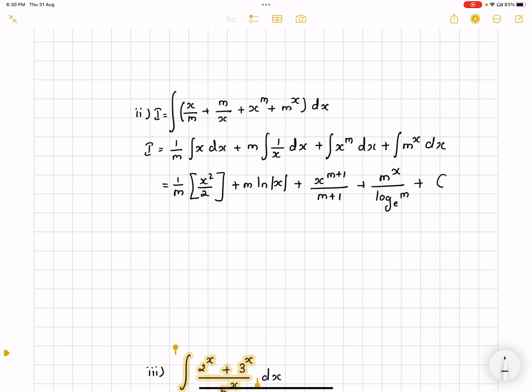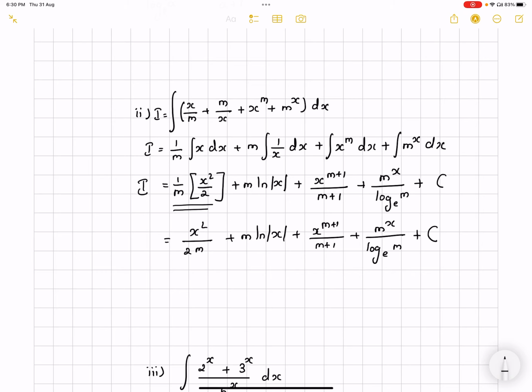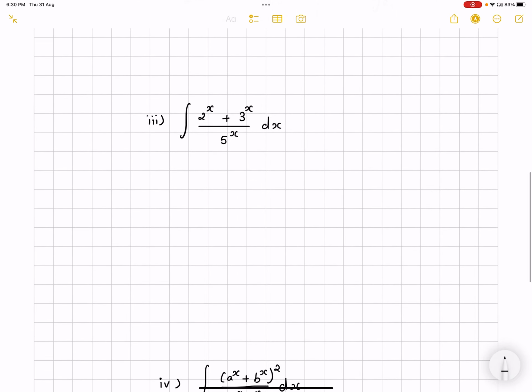Even here, you can do a little bit of arrangement and write it as x squared by 2m, and then you can finish the problem. I would write it as x squared divided by 2m plus m ln of mod x plus x raised to the power m plus 1 divided by m plus 1 plus m raised to the power x divided by log base e of m plus c. So with this, it gets over. Let me proceed with the next problem.